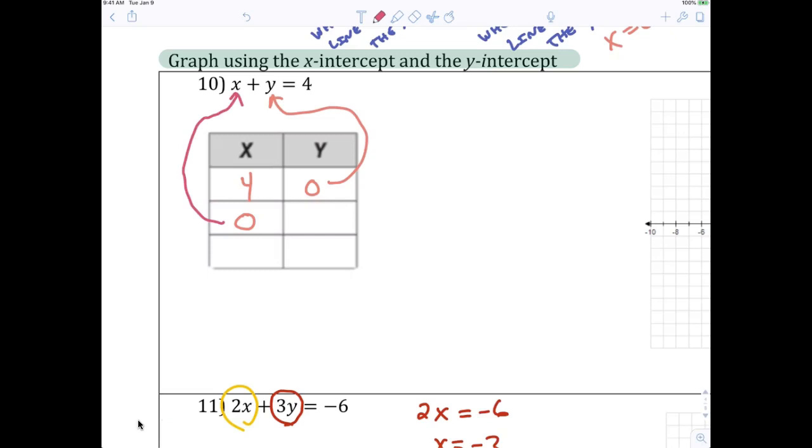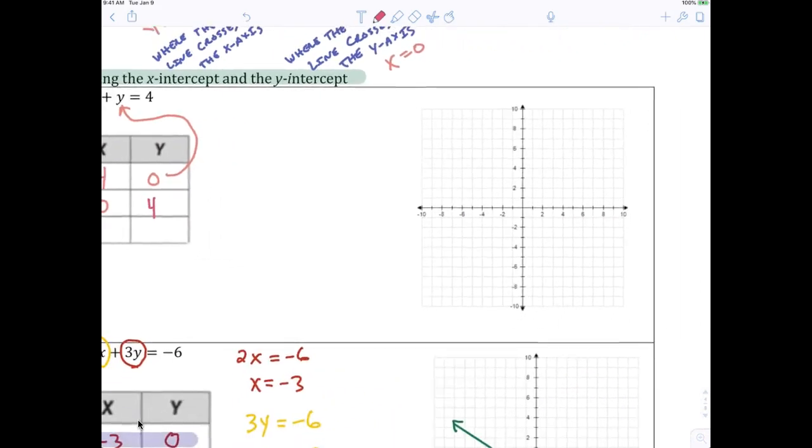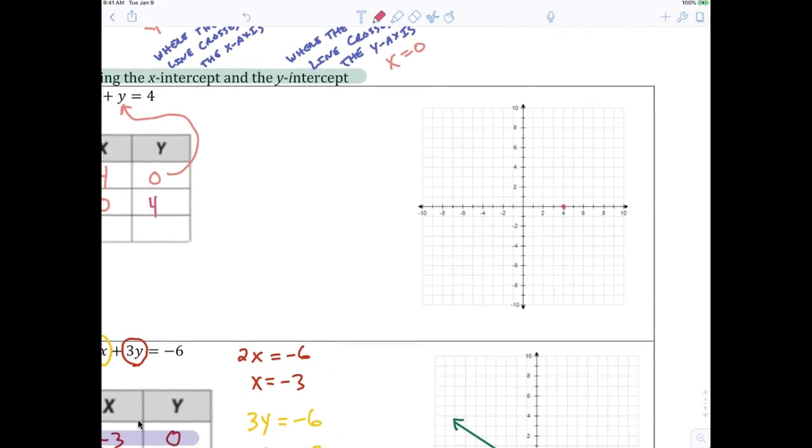If I put 0 in for x, what's the y? 4 still. Kind of a coincidence. Not always going to work out that way. So that's a 4. Now what you do is you plot those points. You plot 4, 0. And then you plot 0, 4. And now we do what? Now you draw the line.